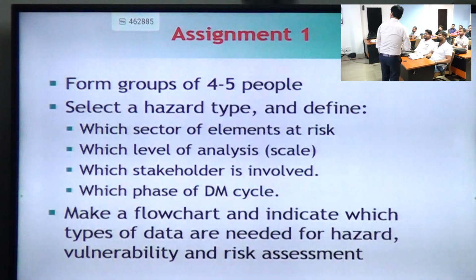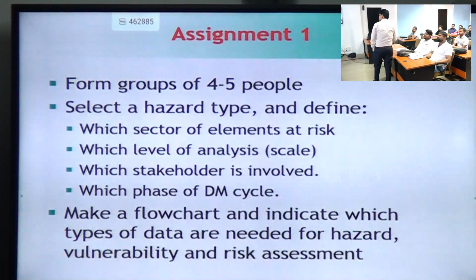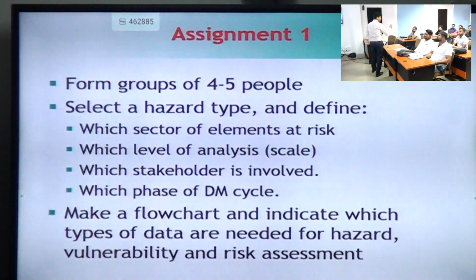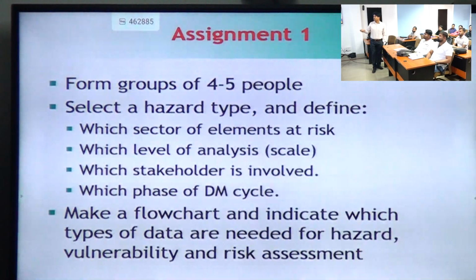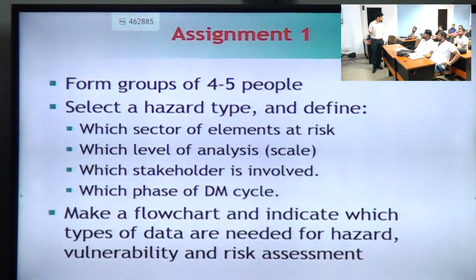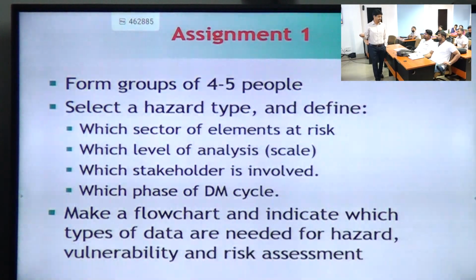Okay. Define which sector of element at risk, which level of analysis, that means the scale that you would like to do. Which stakeholder is involved? What are the stakeholders? Stakeholders, you know, right? Agencies. Okay. Which phase of disaster management cycle are you going to address? You have the disaster management cycle.